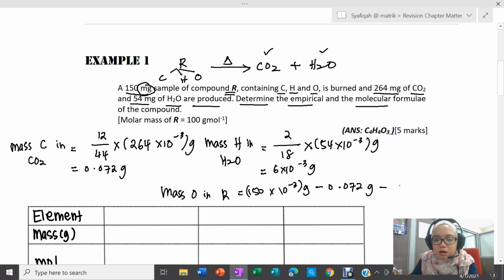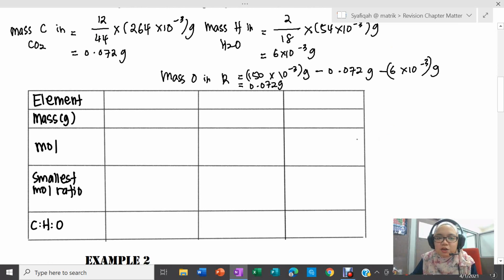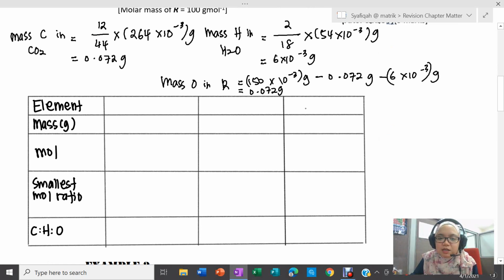Tolak dengan hydrogen 6 times 10 negative 3 gram. So, you will get mass of oxygen is 0.072 gram. So, apa yang you boleh buat? Masukkan mass yang you dah dapat tadi dalam empirical table.